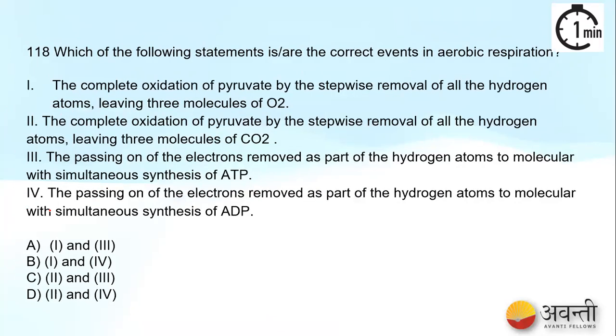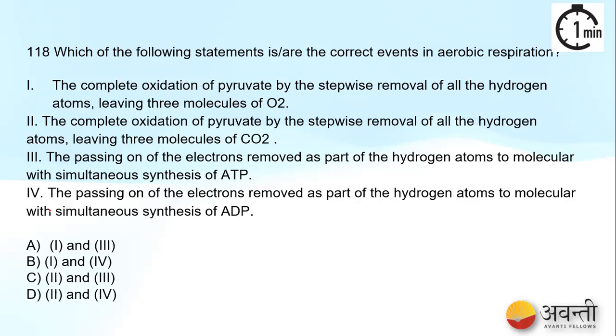Coming to the next question, which is 118: which of the following statements are correct events in aerobic respiration? Here are the options. The complete oxidation of pyruvate by the stepwise removal of all the hydrogen atoms, leaving 3 molecules of oxygen.